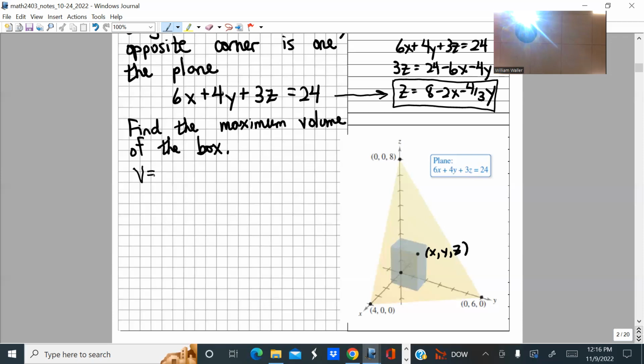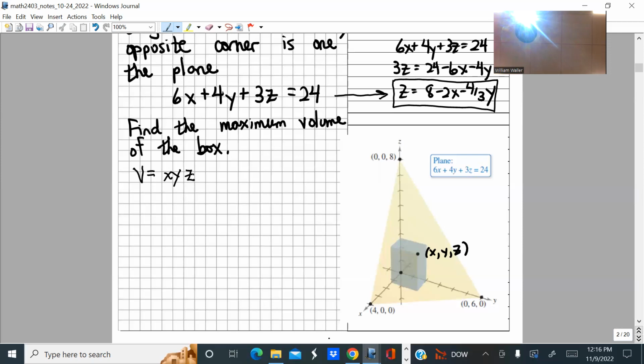That's the coordinate along the y-axis, so we're calling that y. Then we have this length right here. Of course, what's that? x. Let me put the x in front of the y just to keep our variables in alphabetical order. And then times the height, which is z.